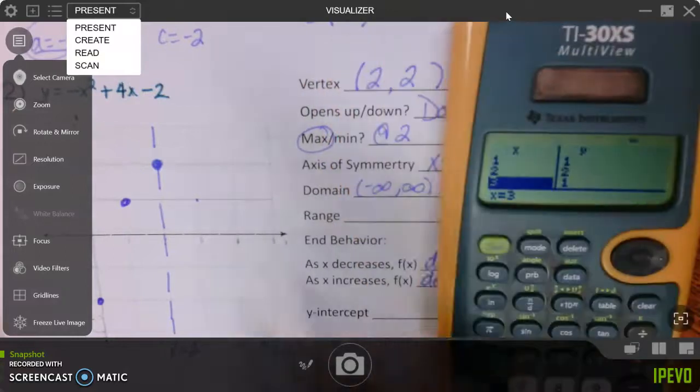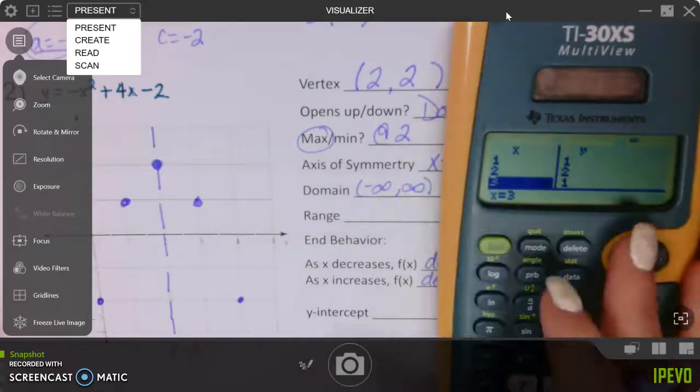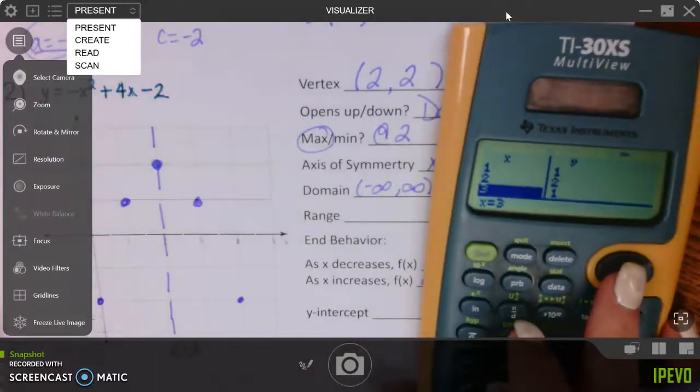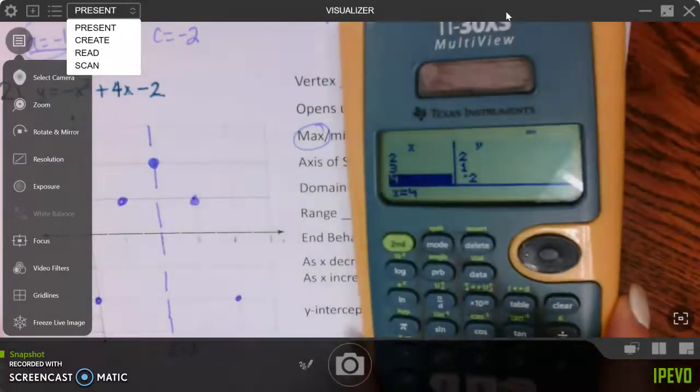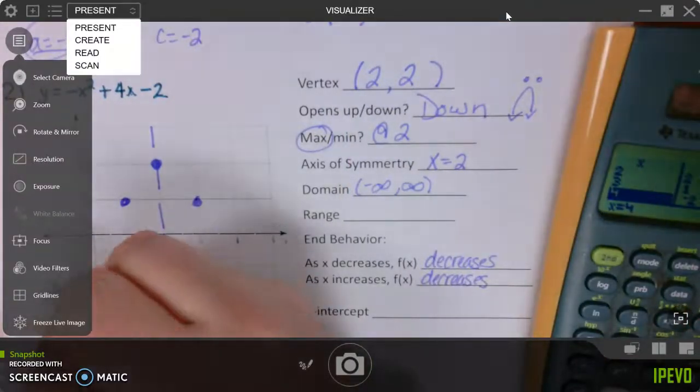Yes. And then you should have a point. So that's 2 places to the left. Let's count 2 places to the right. Should have a point at 4. And then that looks like negative 2. Yep. Okay. So now make your curve or make your parabola.